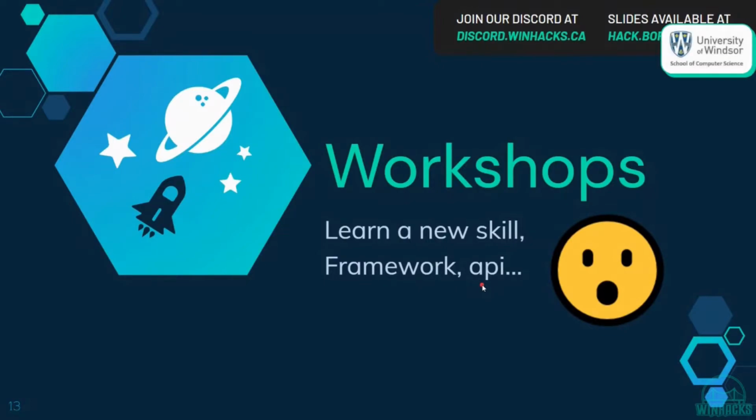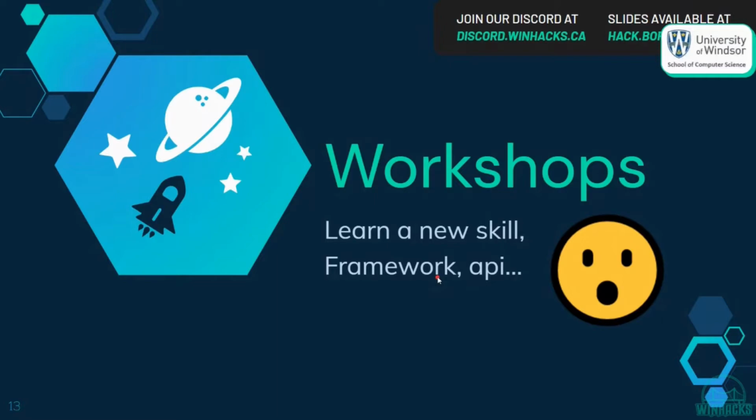So the first and one of the most straightforward ways to learn something new is to go to workshops. Workshops are specifically there for you to go and learn a new skill, a framework, an API, or a programming language, something like that. And that's really what they're there for.